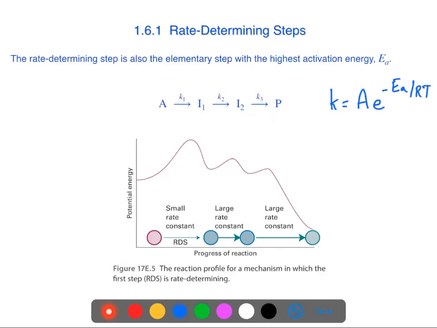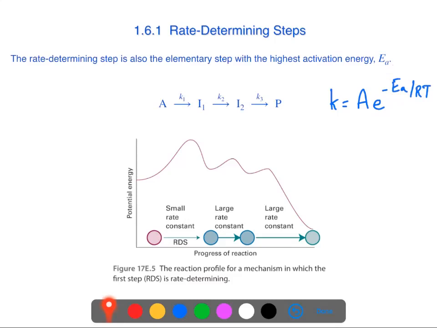And so it goes to show that if you have a very large activation energy, e to the minus Ea over RT, where Ea is a very large value, e to the minus of a large value is going to be a very small value multiplied by that pre-exponential factor. And so the rate constant will be quite low in magnitude if you have a very high Ea.